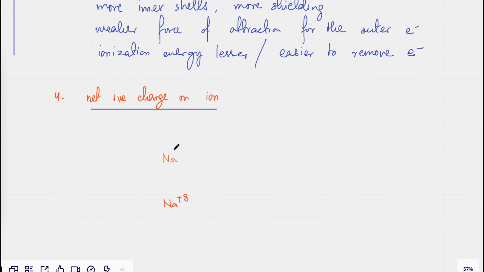This one is neutral, it hasn't lost any electrons. This one has already lost a lot of electrons, so the net charge on this atom is plus 8. If I try to remove electrons, this would become sodium plus 1, and the 9th electron would be lost. So that's the 9th ionization energy.